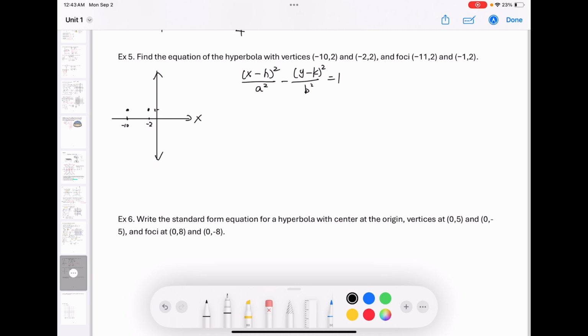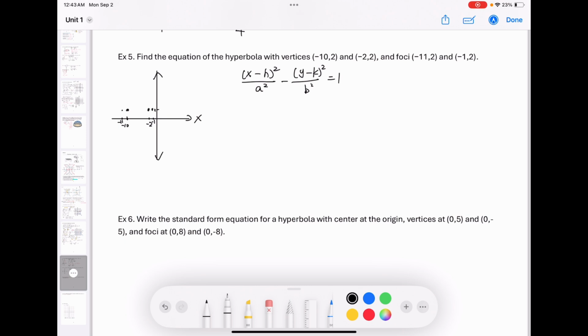Next, the two foci are (-11, 2) and (-1, 2).